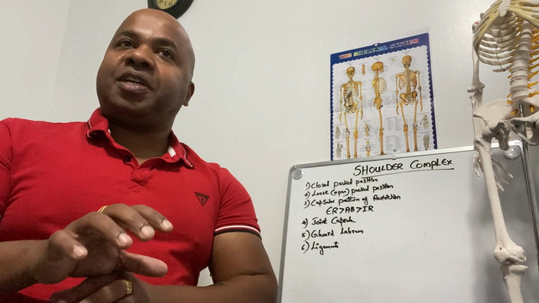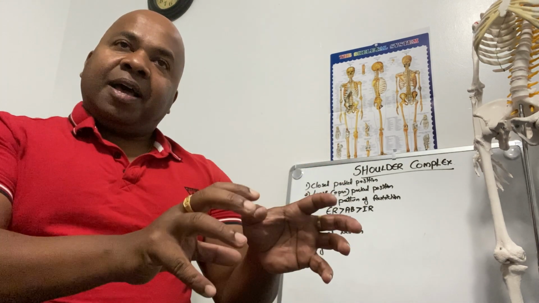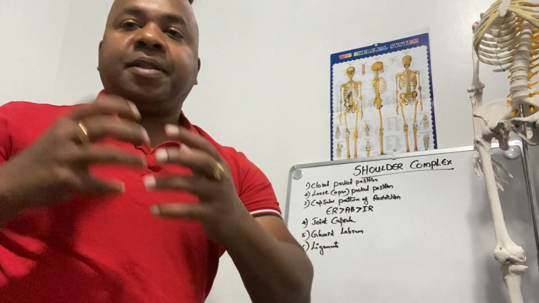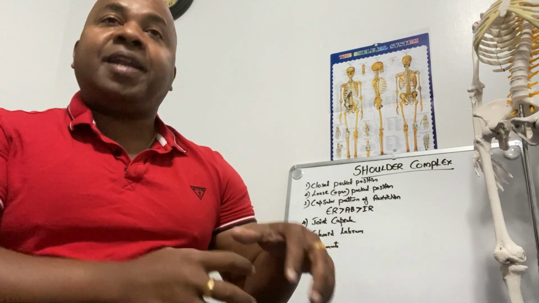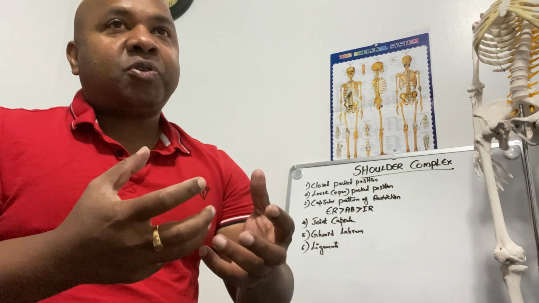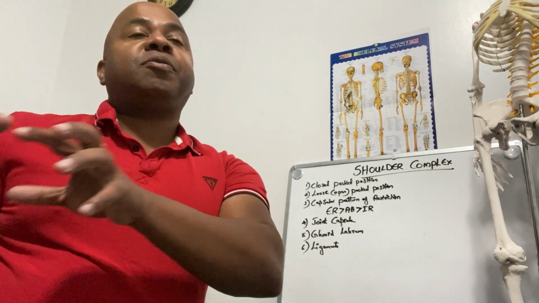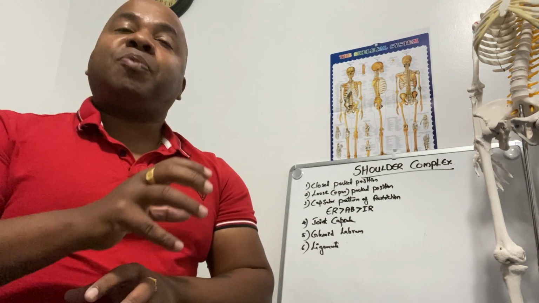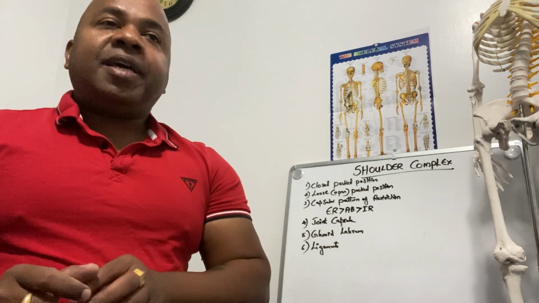So the loose packed position is the position in which there is minimal contact between the articulating surfaces, and the ligaments and joint capsule are lax. There is maximum movement possible and minimal stability. What is this position in the shoulder joint?